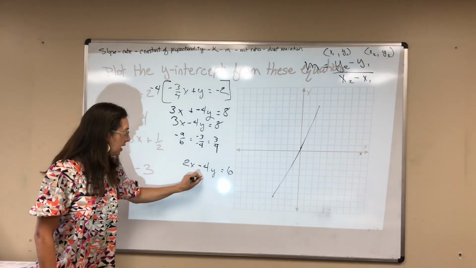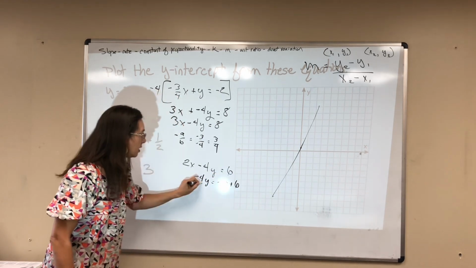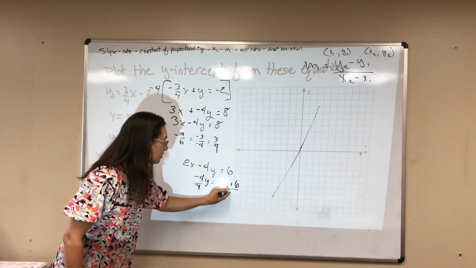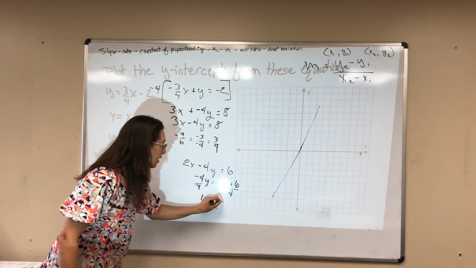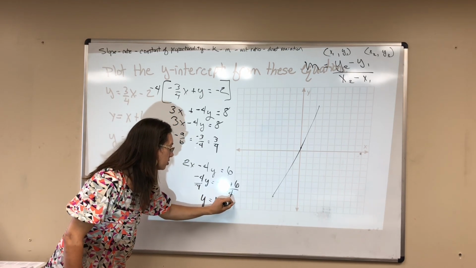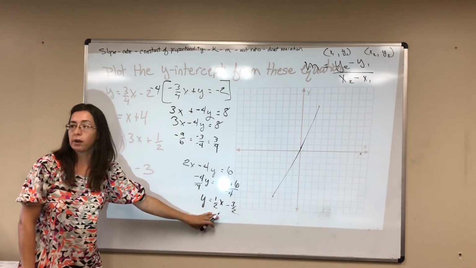Move the x over: negative 4y equals negative 2x plus 6. Divide by negative 4. Y equals 1/2 x minus 3/2. Oh, my slope is 1/2.